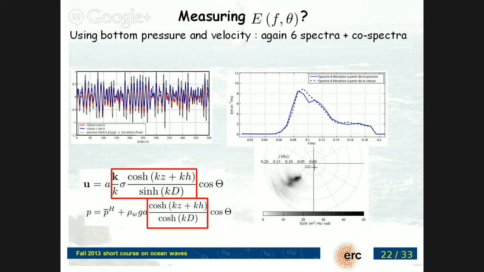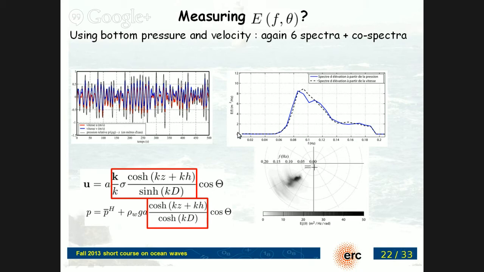Okay, so this is just one example of measurements of directional wave spectrum starting from pressure and velocities at the bottom. The same thing as with the surface buoy, we have time series of P, U, and V. So we have 3 spectra, 3 co-spectra, so it's the same routine. So you can have 5 parameters at each frequency which are independent, and that give you some directional information.